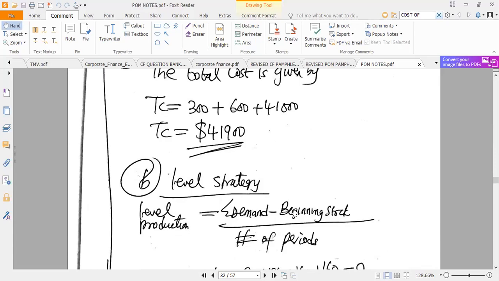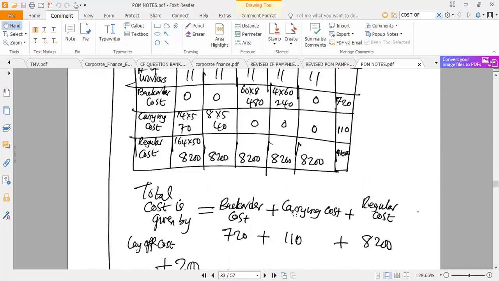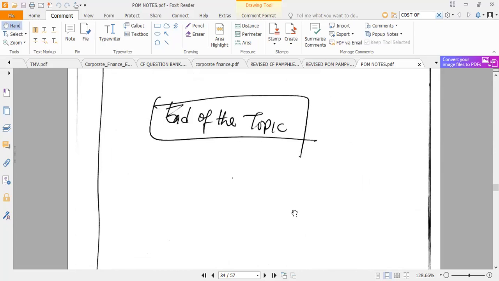So in a nutshell, in summary, aggregate planning has two major strategies, like I mentioned. Here we're coming to the end of the topic for aggregate planning.